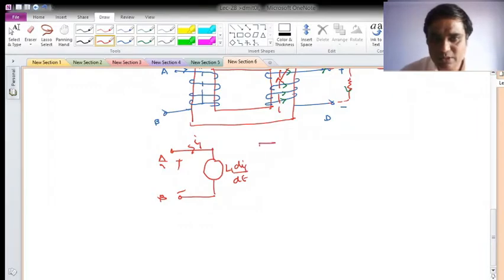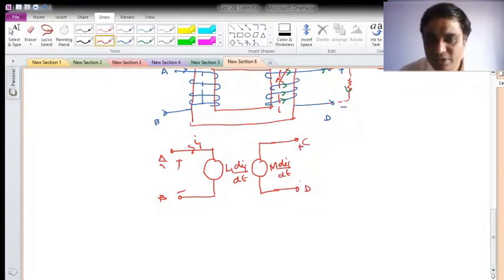Similarly, here there is an induced EMF, whose value will be M di1 by dt, and the terminals are C and D. What will be the polarities of the induced EMF? It will be positive and negative, due to which it will satisfy Lenz's law.